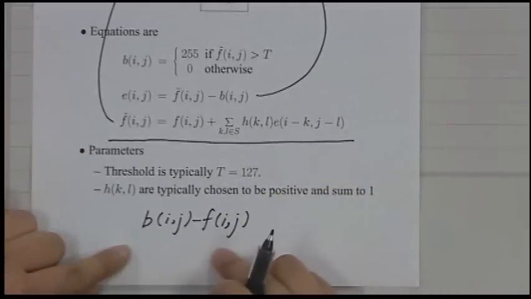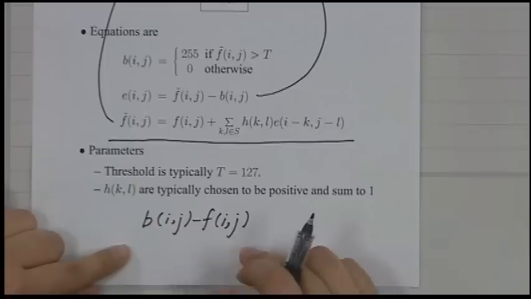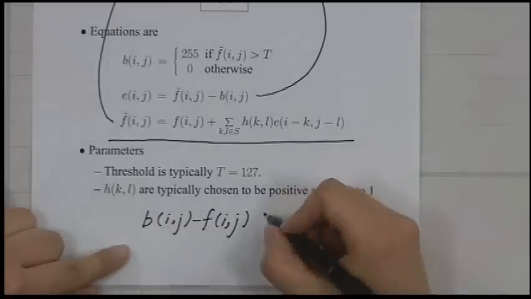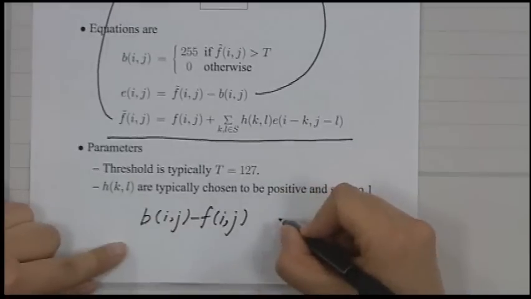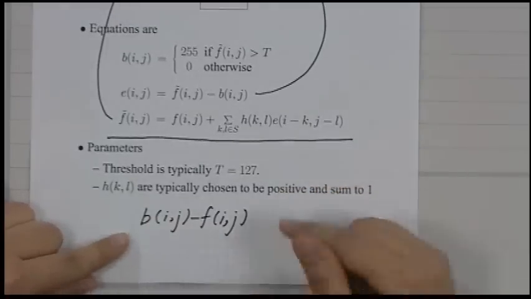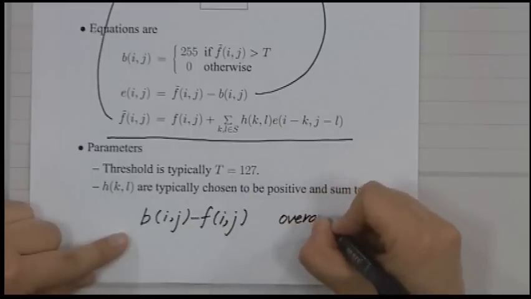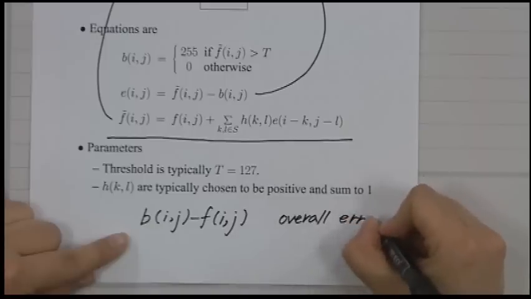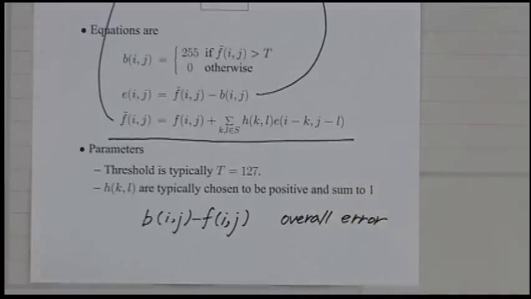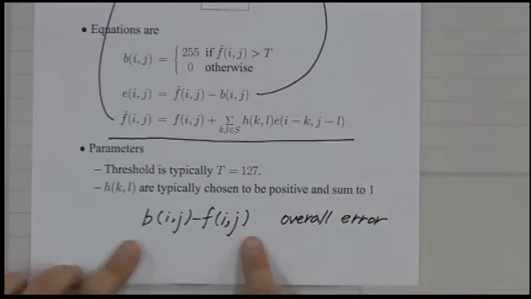This is the final output, and this is the original. And this error is called the display error, or the overall error. Obviously, we want to minimize this error.